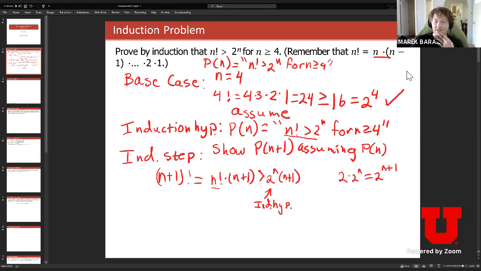And this, so we have n plus 1 here. Since n is greater than or equal to 4, this is greater than or equal to 2. So we can say this is greater than 2 to the n times 2. So this and this are because n is greater than or equal to 4. Does that make sense?